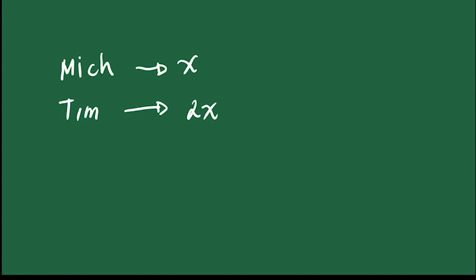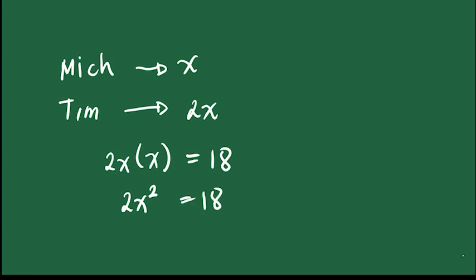Since the product of their ages is 18, that means you will have 2X times X is equal to 18. And then, by multiplying 2x and x, you will come up with 2x squared equals 18.